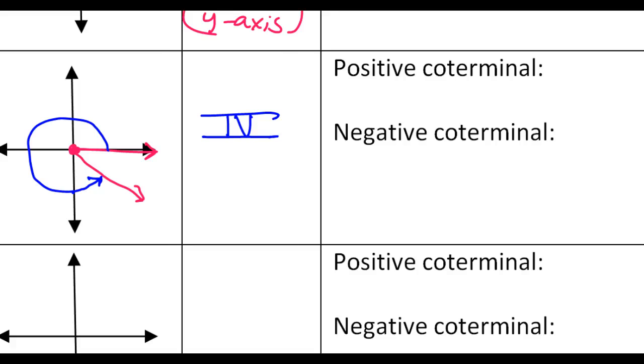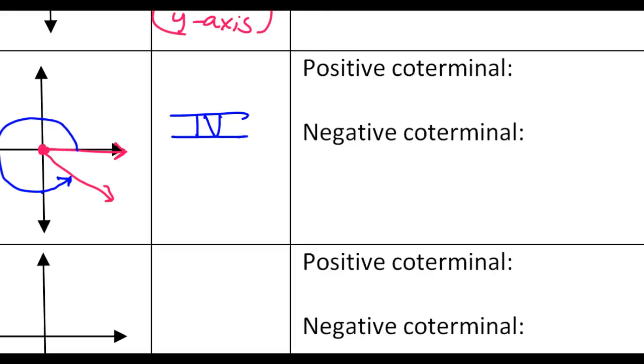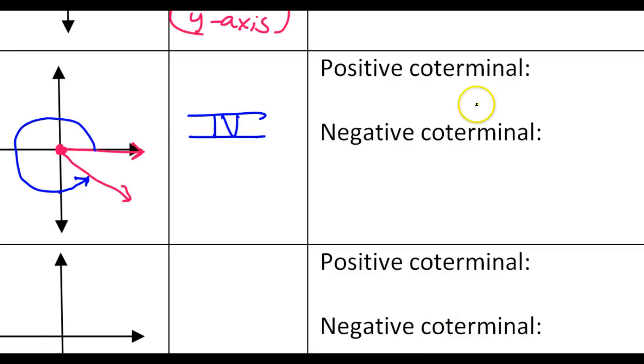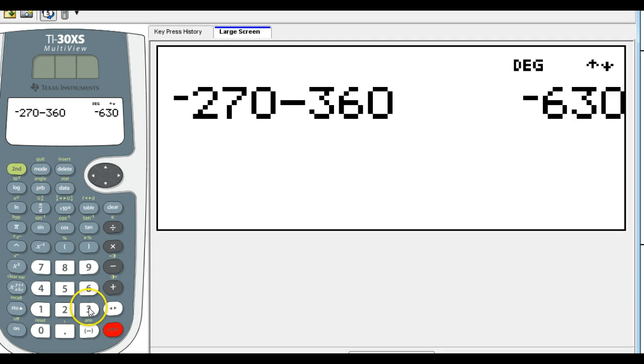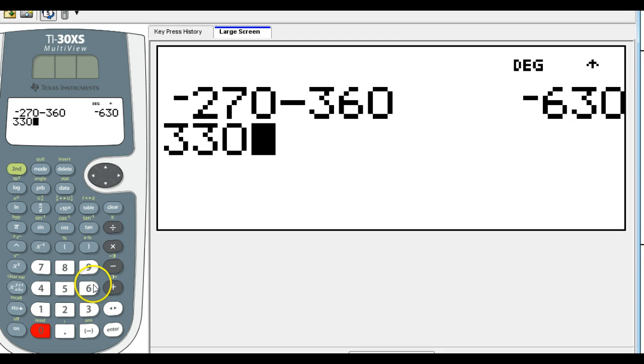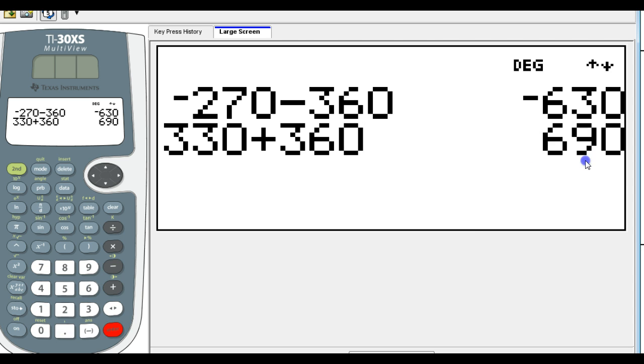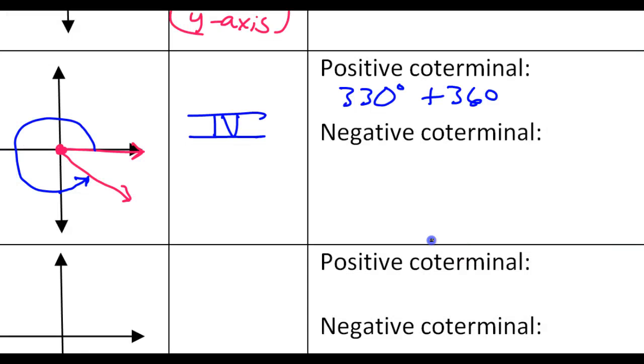Now, how about a positive coterminal angle? Well, if I want the positive, I can take my 330 degrees and add 360 to it. All right, 690 degrees.